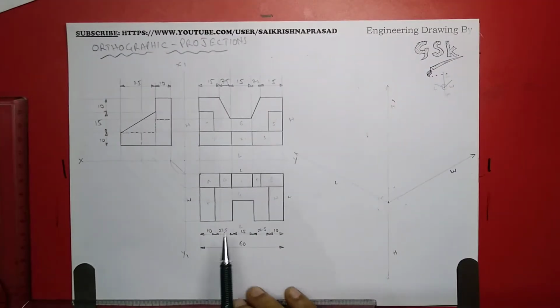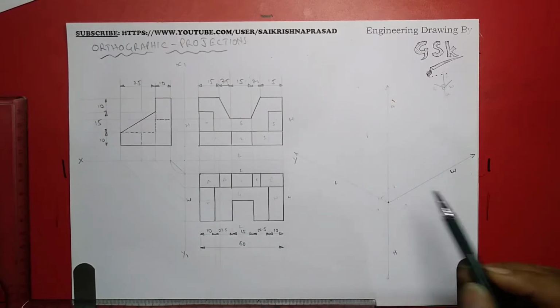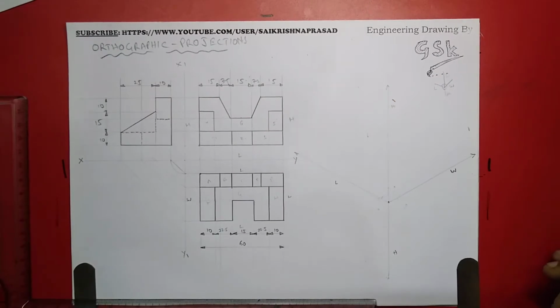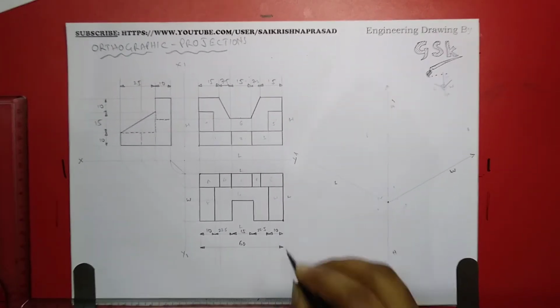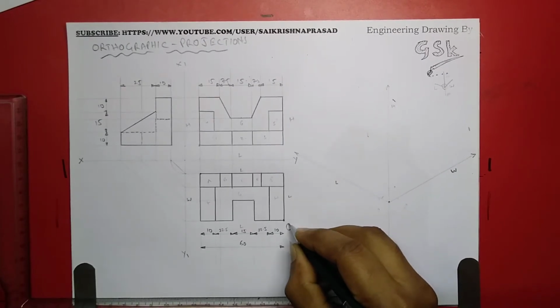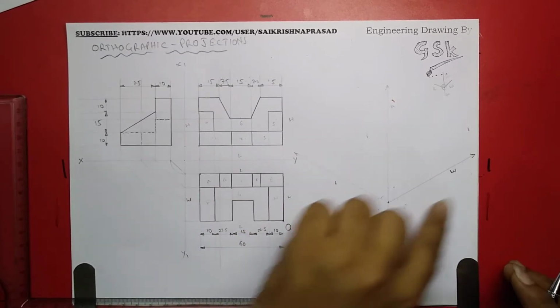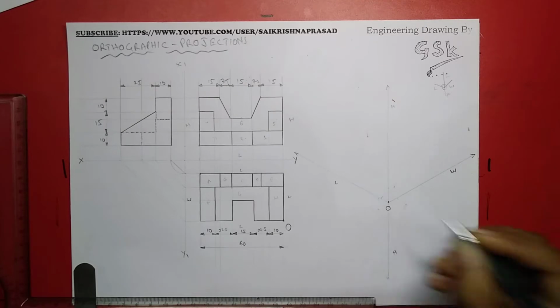Because I have kept a length for this here and width over here and height for this line. So for easy identification, I'll make one of the corners the origin point. So I'll be making origin point over here.